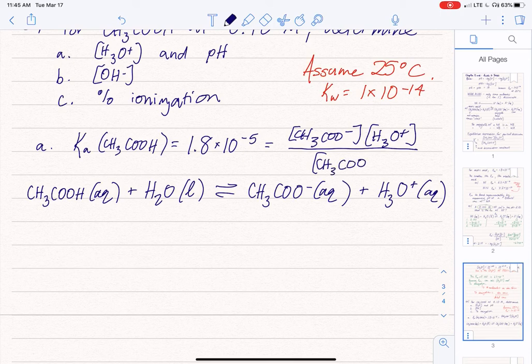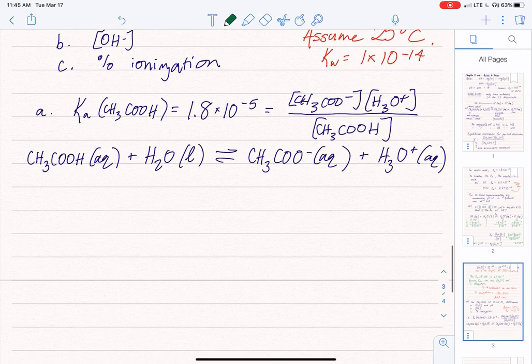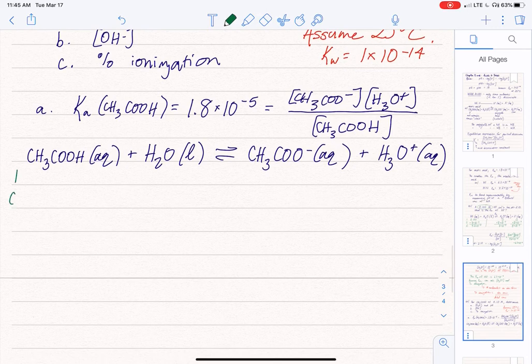This is identical to what we did just a few moments ago. So now let's make an ice chart, and we can fill in the things that we know and figure out the things that we don't know using those algebraic strategies that we learned in Chapter 12 for the equilibrium stuff.